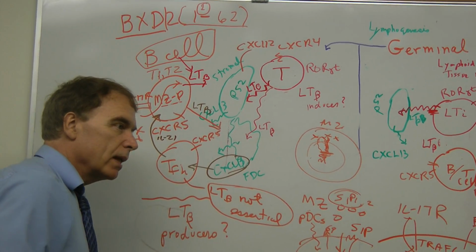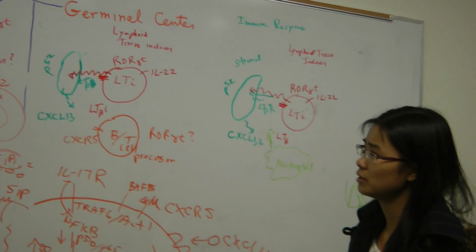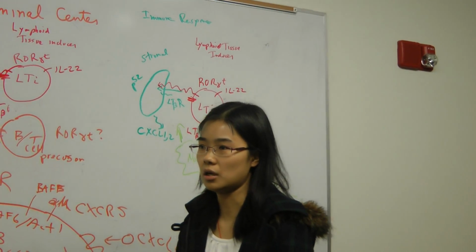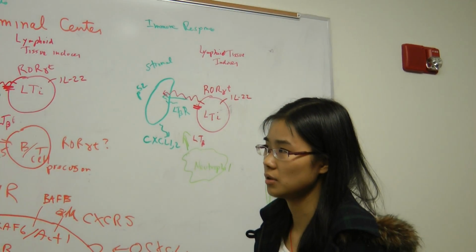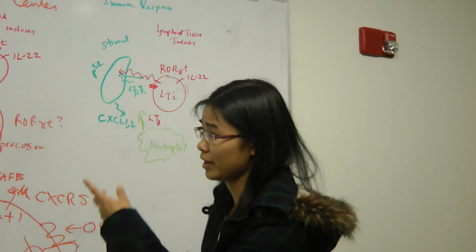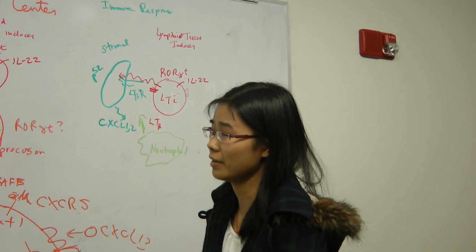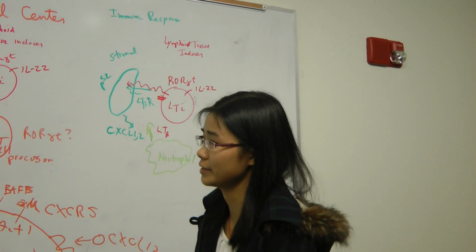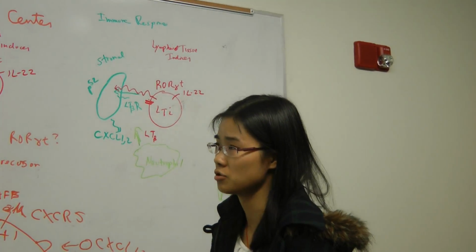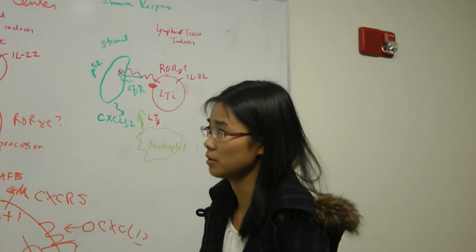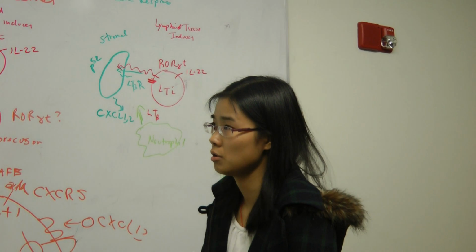I don't know, but when I look at the FDC in the B6, which doesn't have the spontaneous germinal center, we found that there are many FDCs there, and we can also see the CXCL13 there, but not that much. The level is different from those in BXD2.